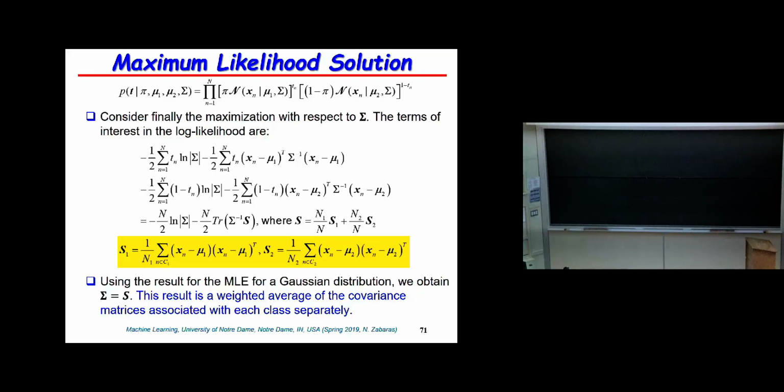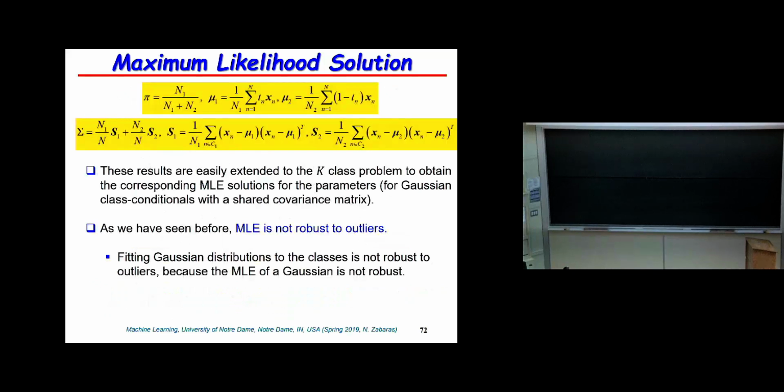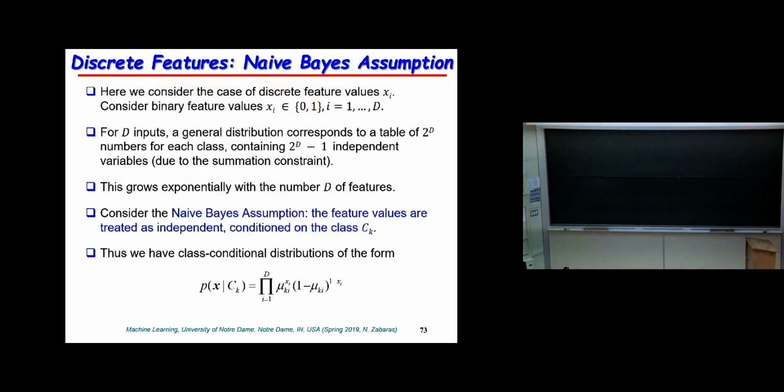And the answer is equal to what? So here's the answer: sigma equal to this, where S1 and S2 are like that. So we're done, right? We have the pi, we have the means, and we have the MLE of the covariance. And again, MLE is not the end of the day. It's like least squares, and it's not robust to outliers, so that's not very good.